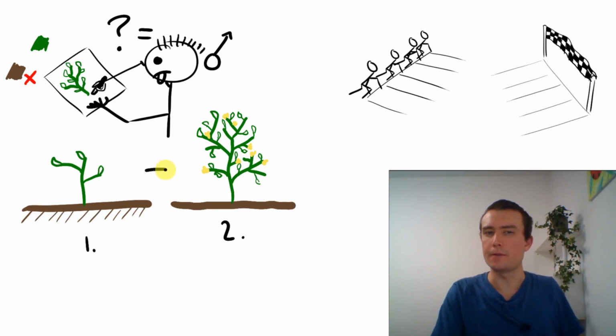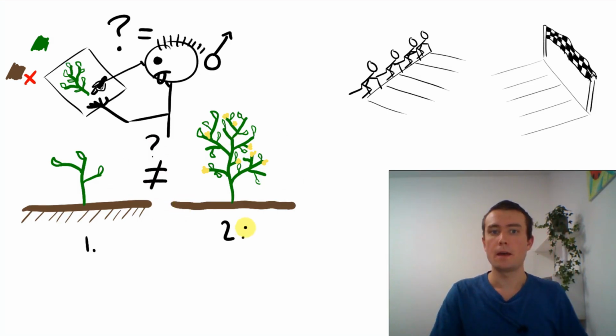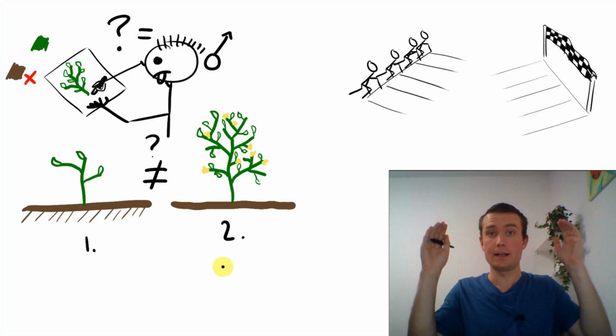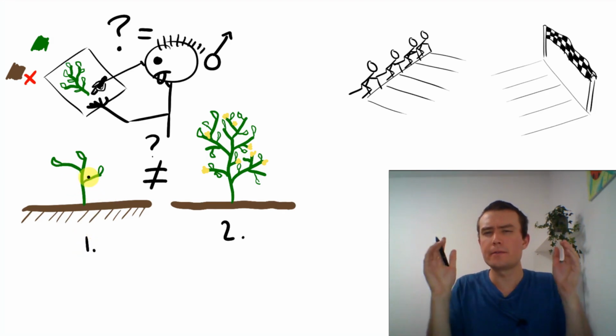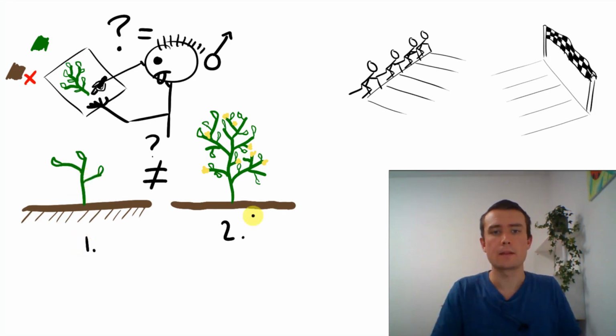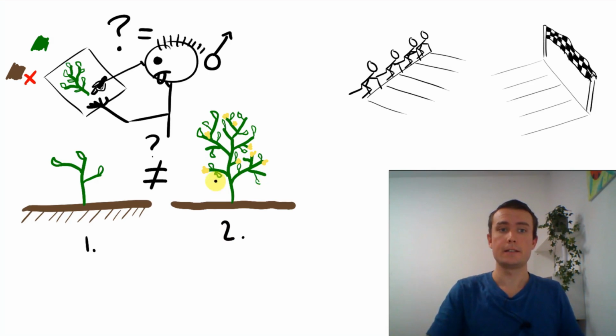What's the difference? What's the difference between these two plants? The second plant is bigger than the first plant. The first plant is smaller. The second plant is taller than the first plant.